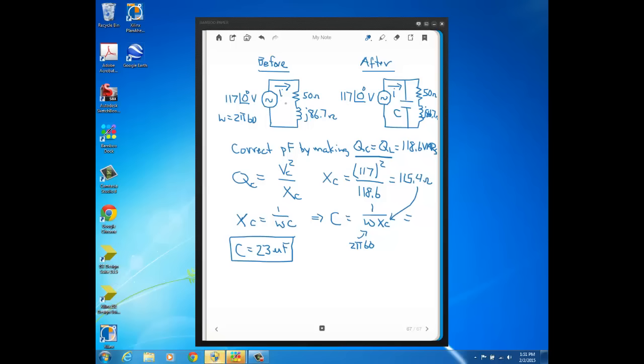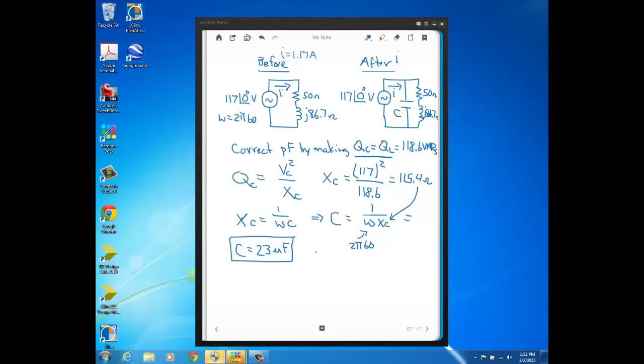So here we already calculated this I before, and we'll write it right here: the I flowing through the line was 1.17 amps. Now to get the current that's flowing in the line afterwards, we could find the Z equivalent of this whole impedance here, the impedance of the motor with the capacitor, and then divide that into the source voltage, and that would give us the source current.